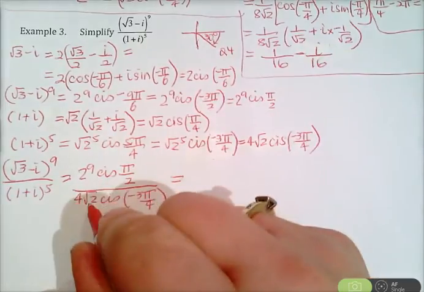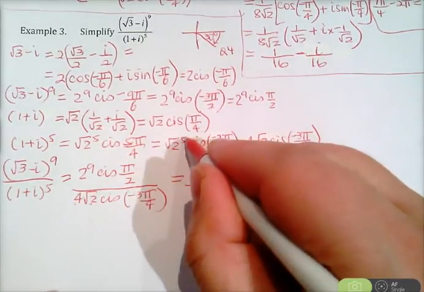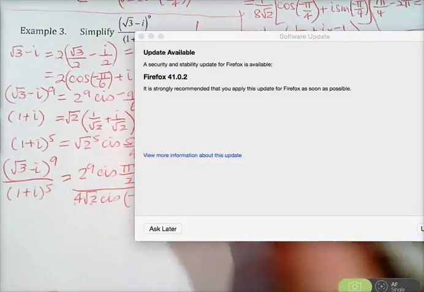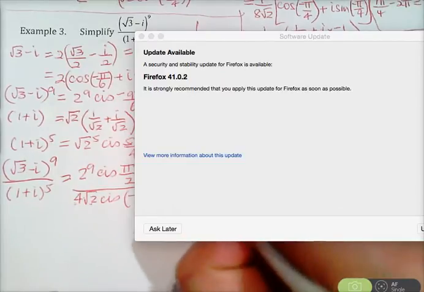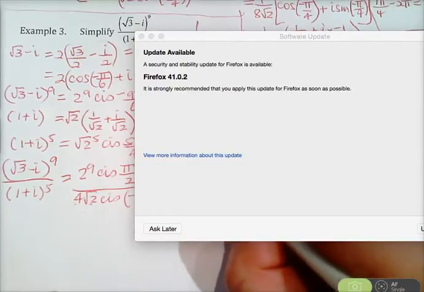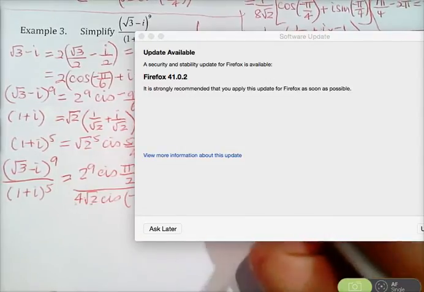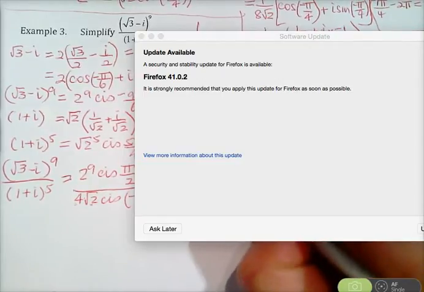So I've got 2 to the power of 9. Now root 2 to the power of 5 is the same as 2 to the power of a half, to the power of 5. And then I'm just rewriting this, okay? Cis pi on 2 over cis minus 3 pi on 4.